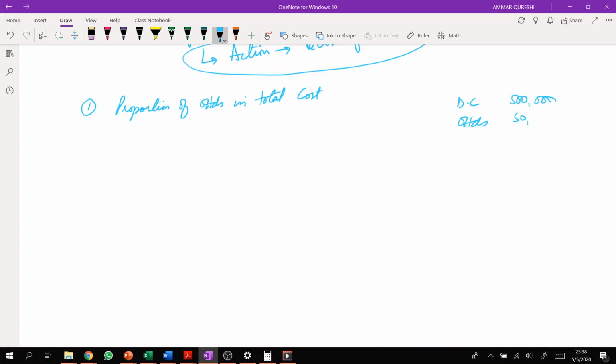Then total overheads are not a heavy proportion of the total direct cost, right? So in this case, the company may use absorption costing and may avoid activity-based costing, because overhead itself is not a major proportion of the total cost, right?